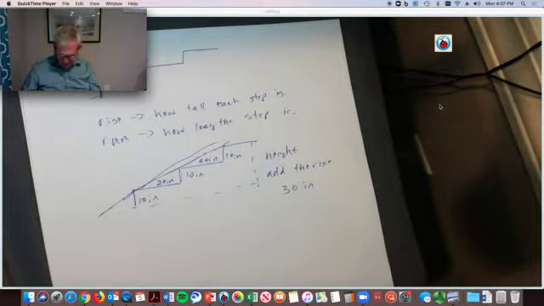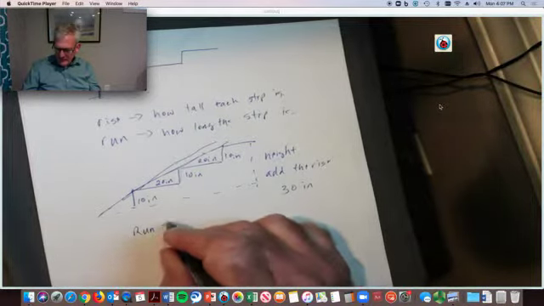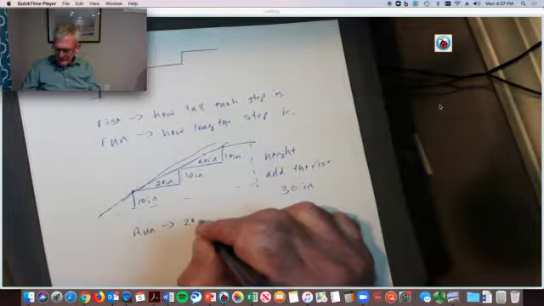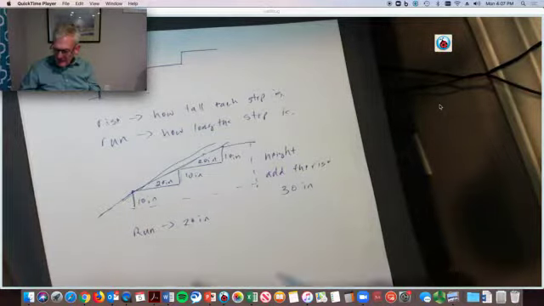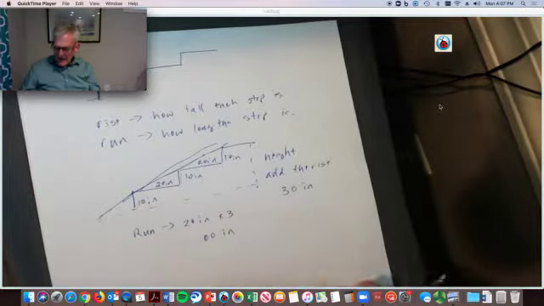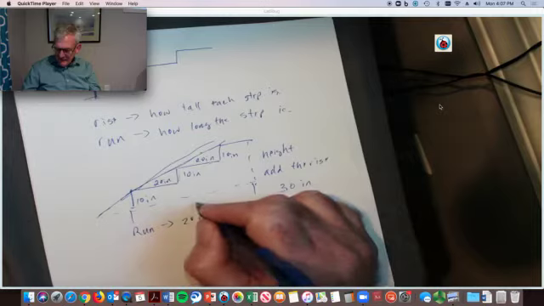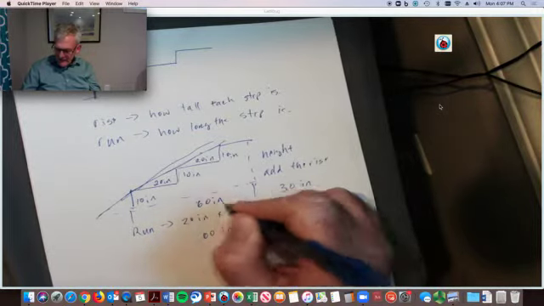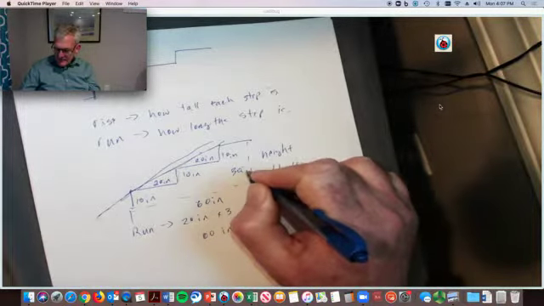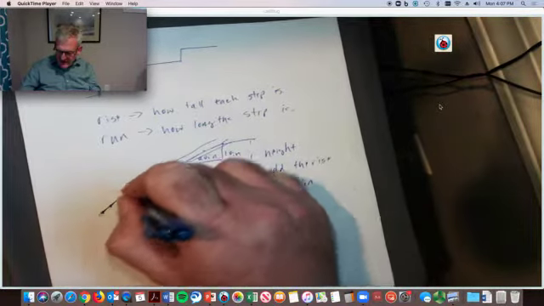So for the run, you take your 20 inches, and in my case it'd be times 3, so 60 inches. This whole thing here would be 60 inches, and this height here would be 30 inches.